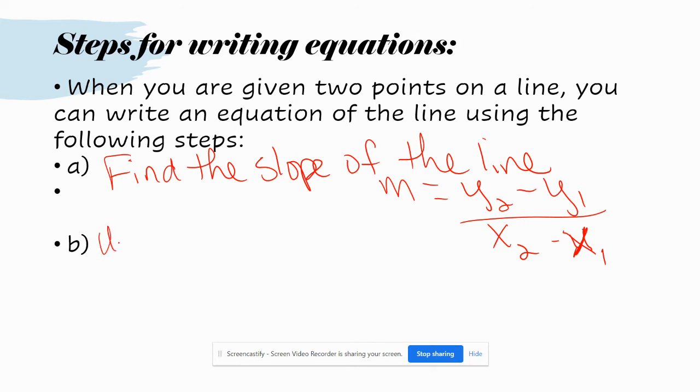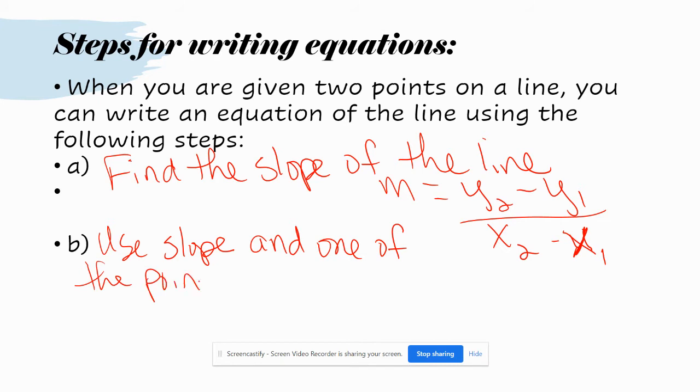For part B, use the slope that we find, and one of the points or ordered pairs to write the equation.